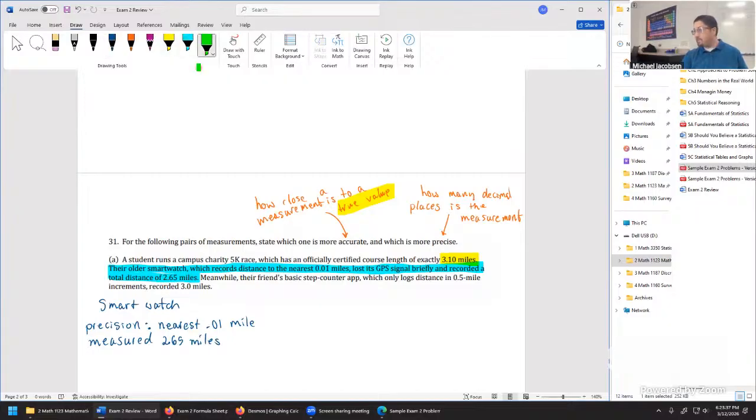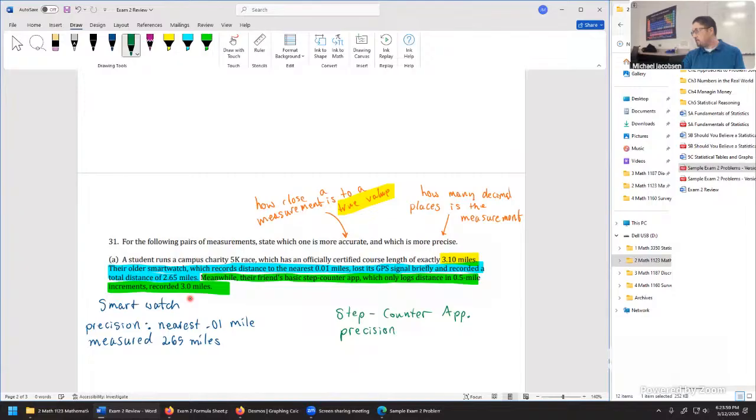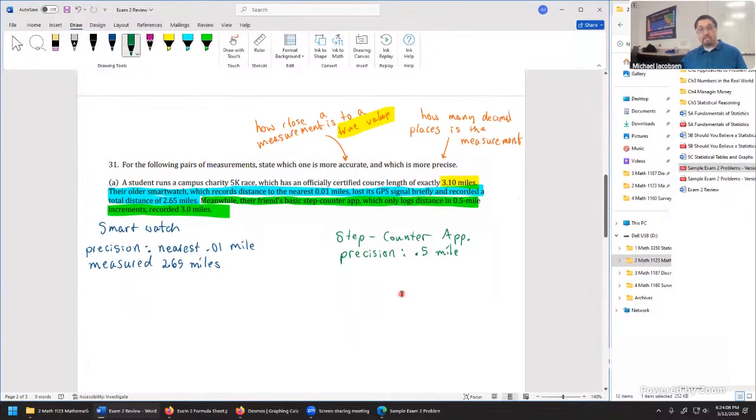Then the other side of the problem is the basic step counter app has a different amount of precision and a different measurement that it made. So we'll say here, step counter application, or app for short, its precision is to the nearest 0.5 miles or a half a mile. So already we kind of have half the question, right?